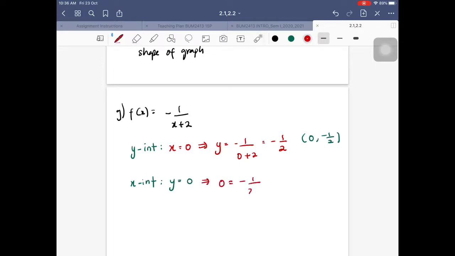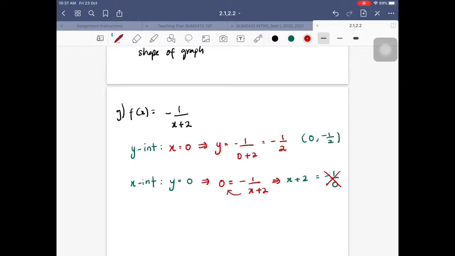So I'm going to set f of x equals 0, which is negative 1 over x plus 2. And if I multiply this by x plus 2, I'll end up with 0 equals negative 1, which is not true. So basically I can write this as x plus 2 equals negative 1 over 0.